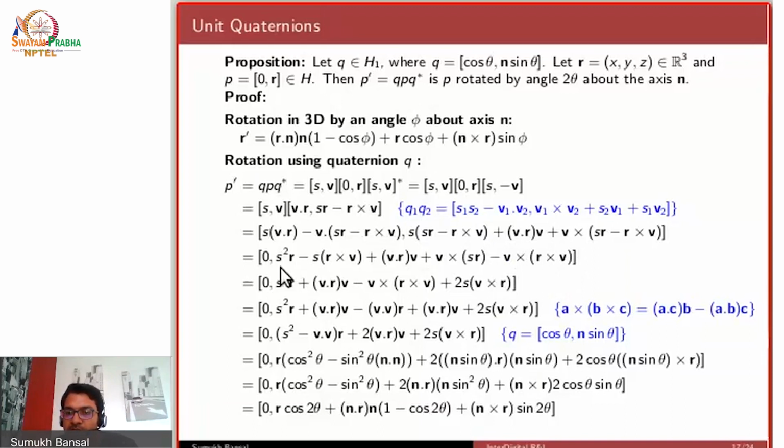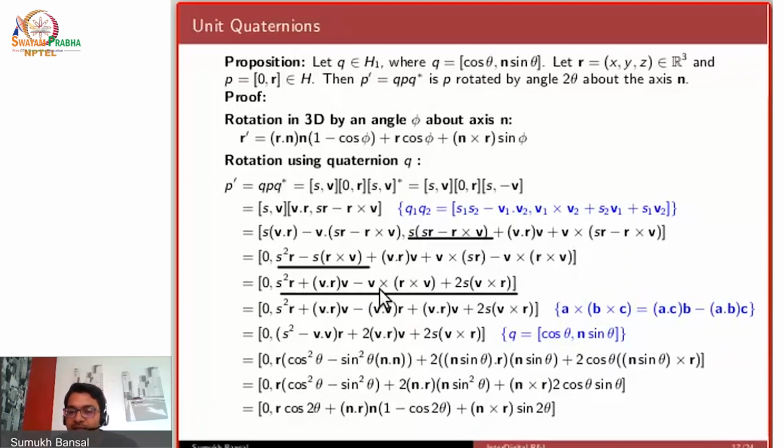If you open this bracket, this is s squared r minus s r cross v, and then the rest remains as it is. Now you can open this term over here, and then you will end up with this.